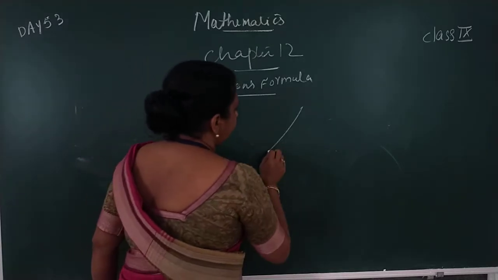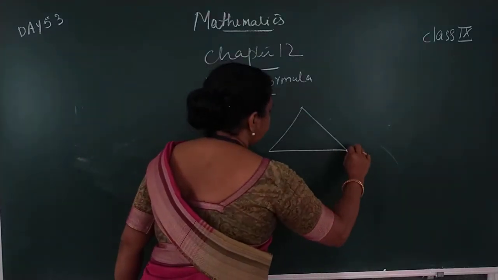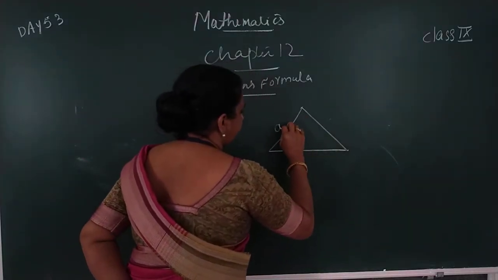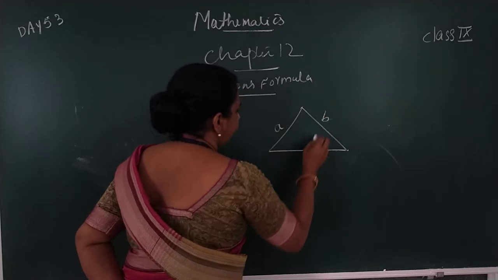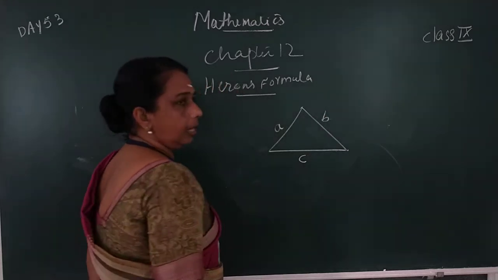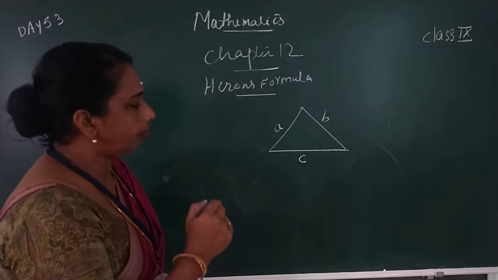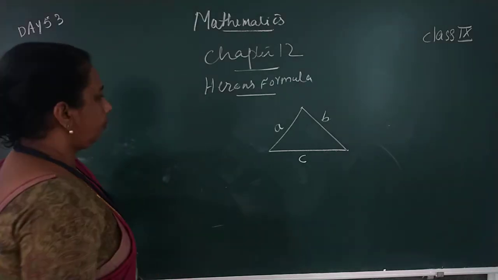In a triangle, if the three sides are given, measurement of three sides are given, this side A, this side B and this side C, then we can find out the area of this triangle using one formula.